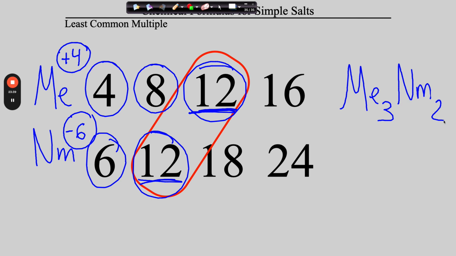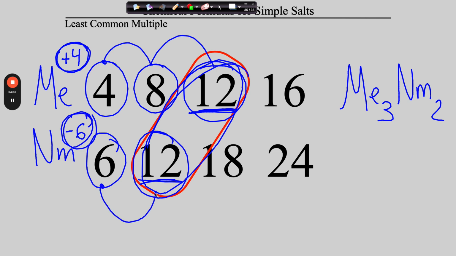Me3Mn2. So again, guys, this least common multiple tells us where the positives and negatives balance. If we have a +4 charge, we need 1, 2, 3 to get to +12. If we have a -6 charge, we need 1, 2 to get to -12, and that leads us to the number of atoms in the chemical formula.